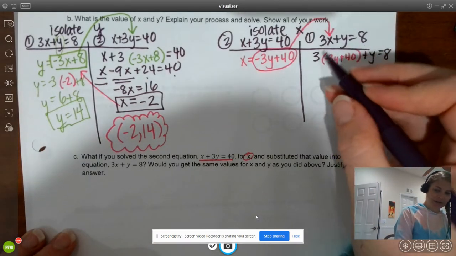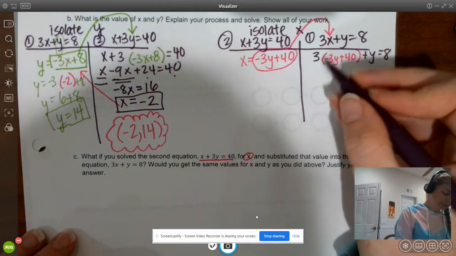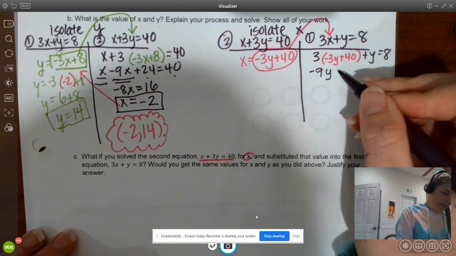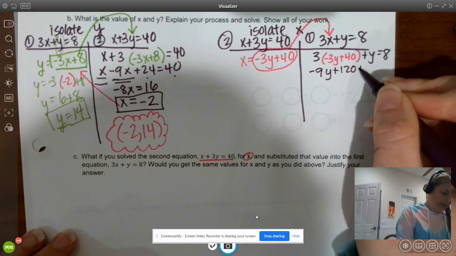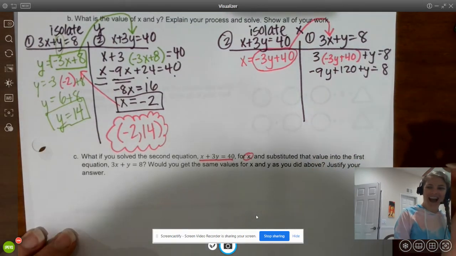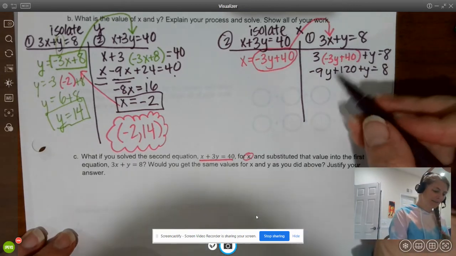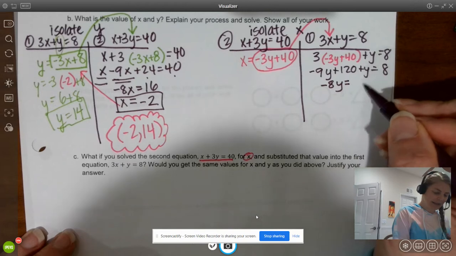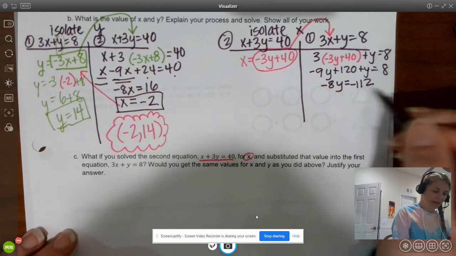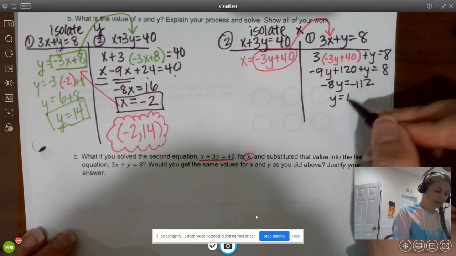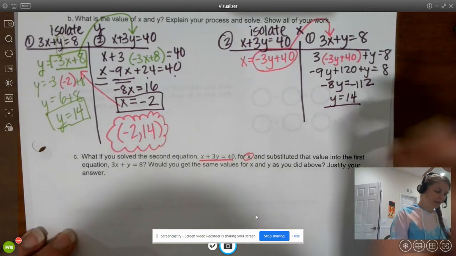Okay, so when I distribute through, I'm going to have negative 9y plus 120 plus y is equal to 8. Negative 9y plus y is negative 8y. I'm going to subtract 120 from both sides and get negative 112. Divide both sides by negative 8, and we get y to be positive 14.